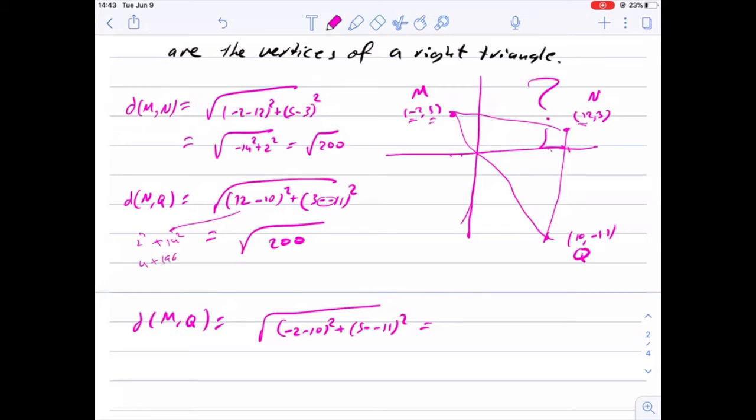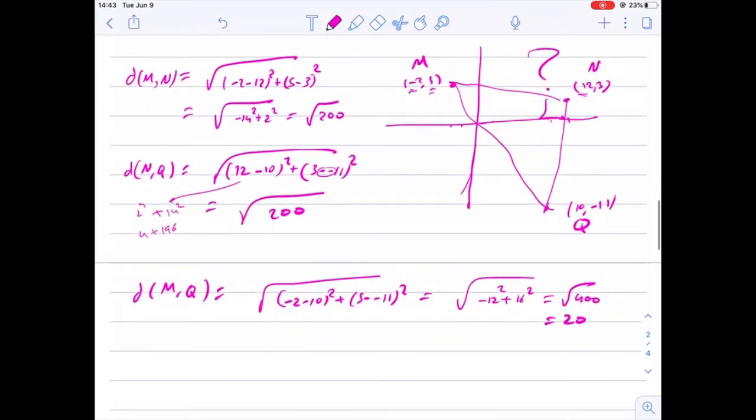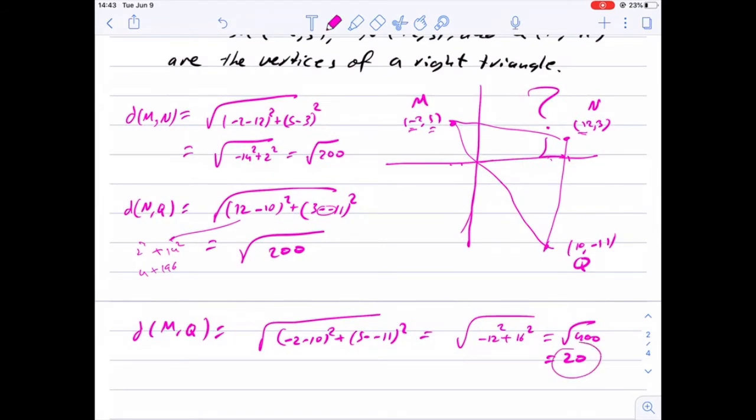Now MQ, we have the square root of -12 squared plus 16 squared. This gives us the square root of 400, which is 20. Now let's check. This is the hypotenuse, the length of this. Now NQ is square root of 200 and MN is square root of 200.